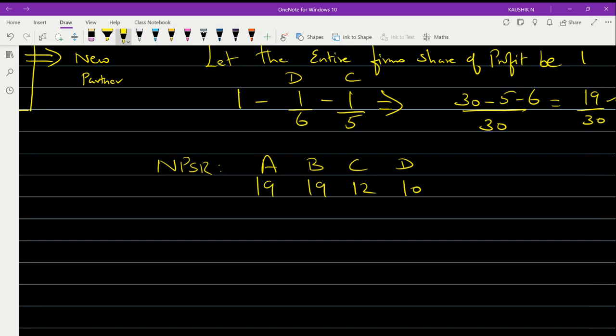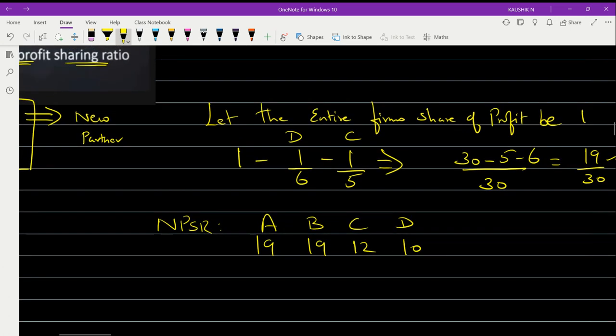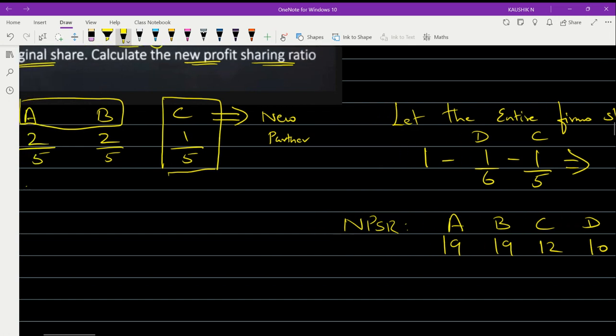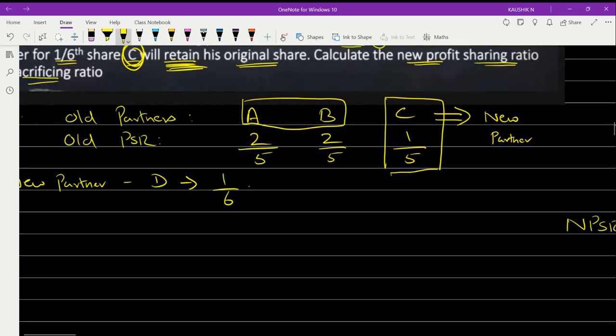Okay. So now you have the new profit sharing ratio as well as the old ratio. Here you are going to calculate the sacrifice for which partner? For only A and B, right?